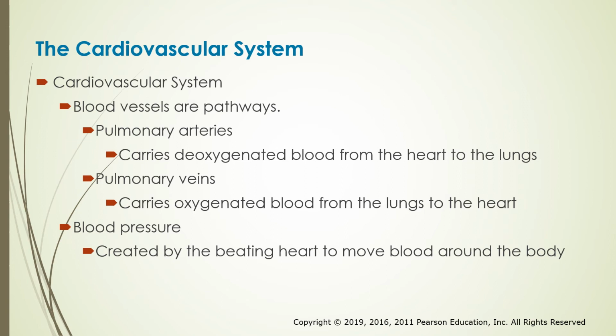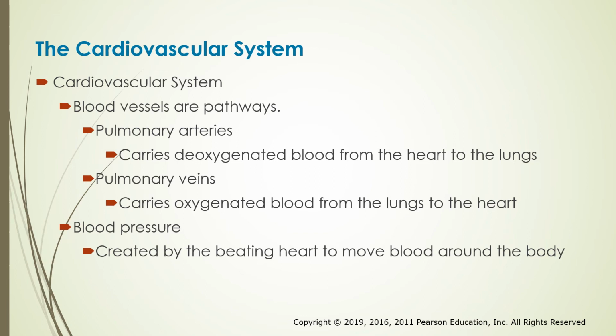So here is where that arteries go away from the heart and veins go to the heart comes in handy. So pulmonary arteries, so they are arteries, right? But they carry deoxygenated blood. So you have your pulmonary artery, which goes from your heart to your lungs.